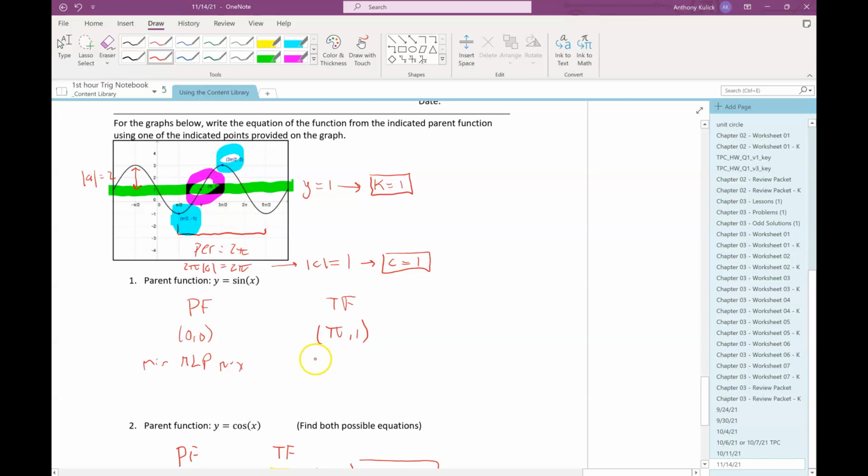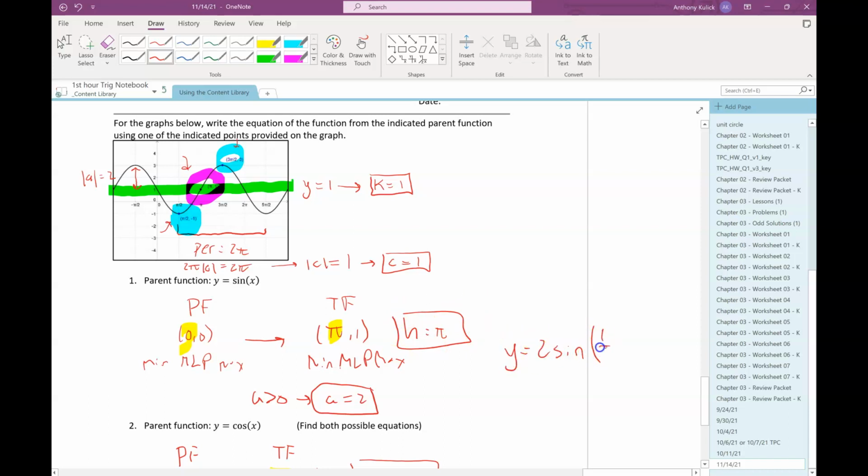And that midline point goes minimum, midline, max. So it's the same kind of midline point. Okay with that? So that tells me that the A value is positive. And because the x-coordinate for my parent function is 0, the x-coordinate for my transform function is my h. And I'm done.